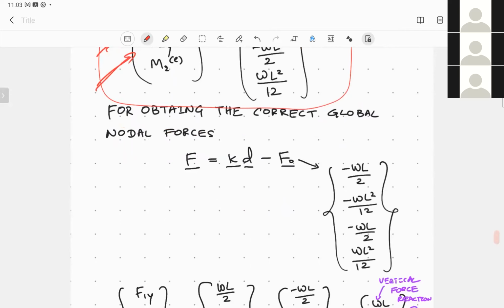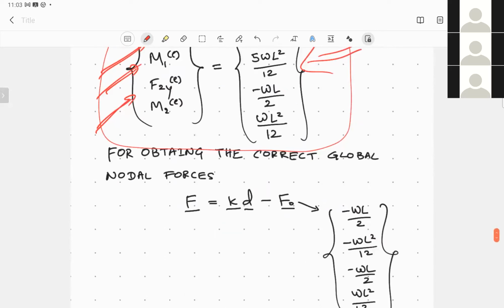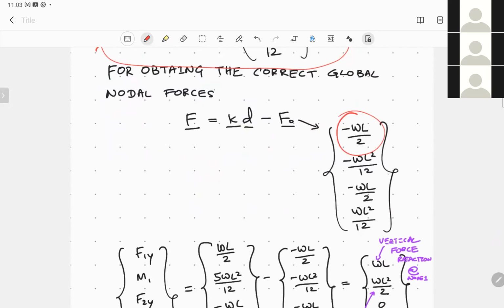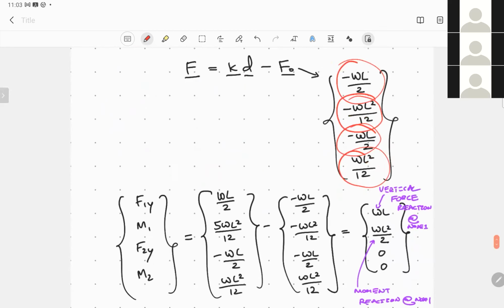In order to do the correction and find the exact values applied, you need to make a certain correction for the nodal forces, because there are certain contributions coming from the distributed force. You have to eliminate these.